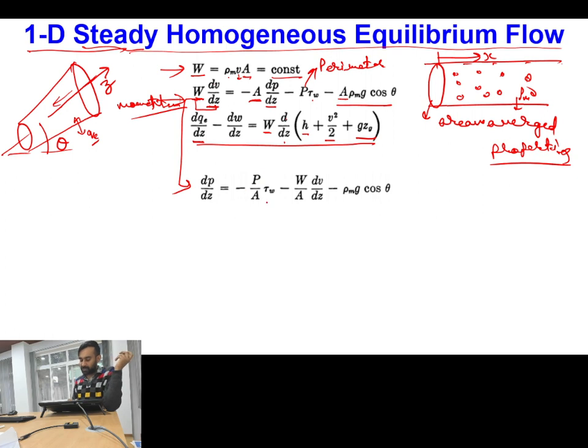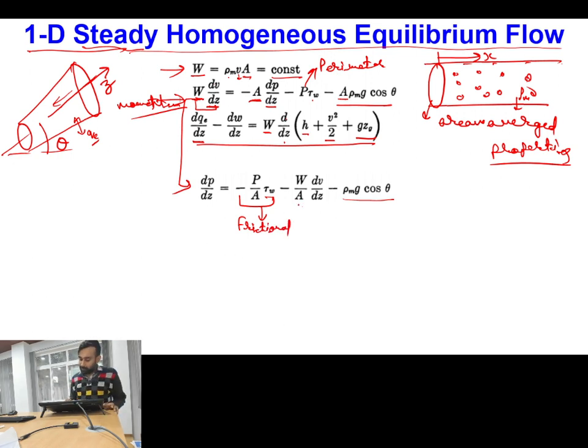So, I will get minus P by A into tau w, minus W by A into dV by dz, minus rho m g cos theta. Okay, so ultimately this is nothing but wall shear stress. This is contributed because of the viscosity of the fluid, and ultimately we call this our frictional pressure drop.